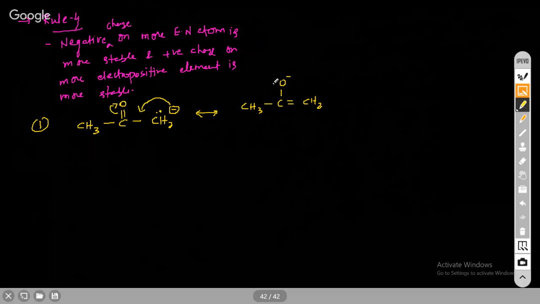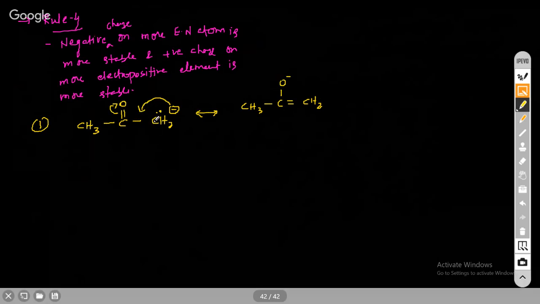What is rule number 2? Charge separation, right? So can you apply charge separation into this? That also we cannot apply because there is only one negative charge. Rule number 3 is what? Stability is directly proportional to the octet. Now the octet of all atoms is complete.